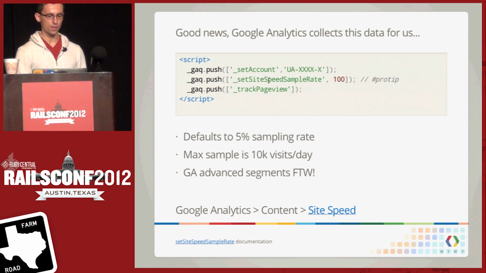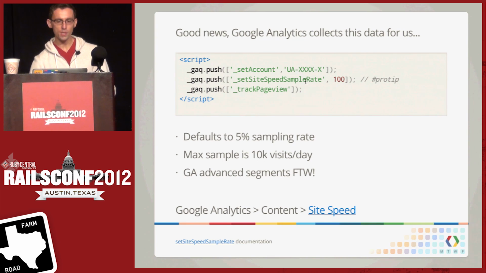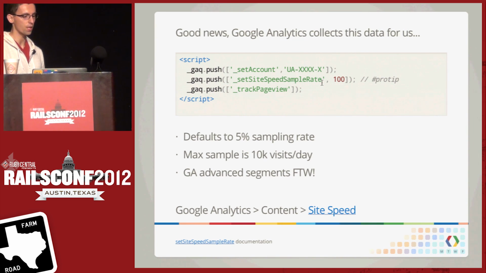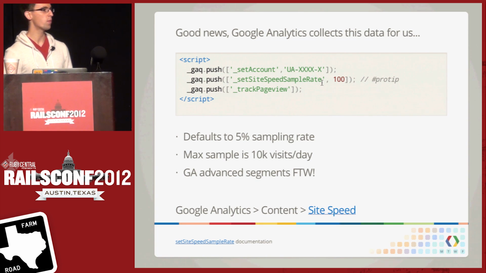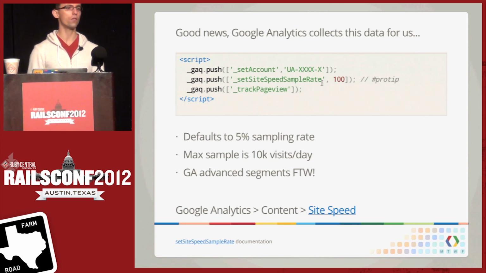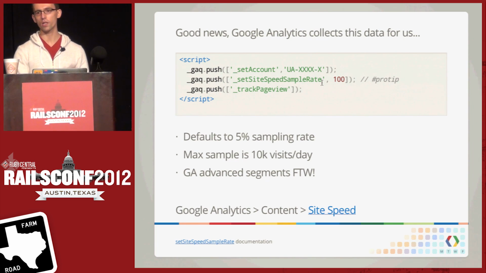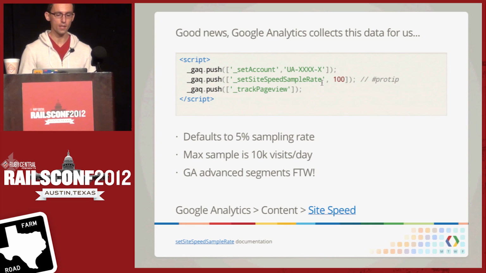I'm using the set site speed sample rate right here for one specific reason. The way the sampling works today is Google Analytics will sample up to 10K unique visits per day, right? So we're not going to record this data for every single user because it's, frankly, a lot of data.